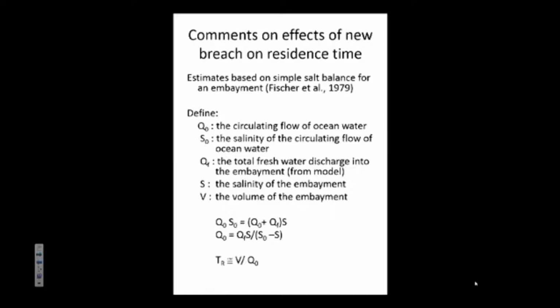And it depends on the mean salinity of the embayment section and the volume of the segment. And you can set up a very simple salt balance to derive the volume flux of the circulating ocean water, and you can estimate then the residence time of that compartment just by dividing the volume by the circulating flux of ocean water.